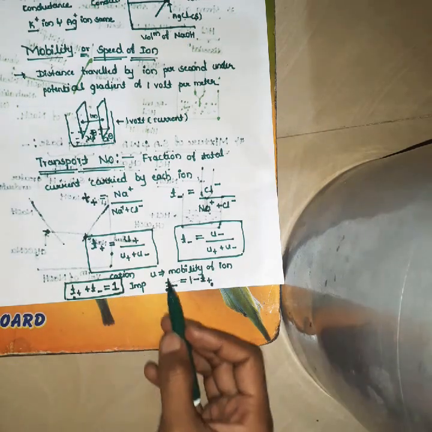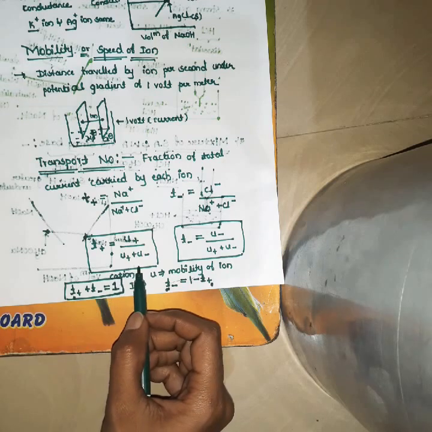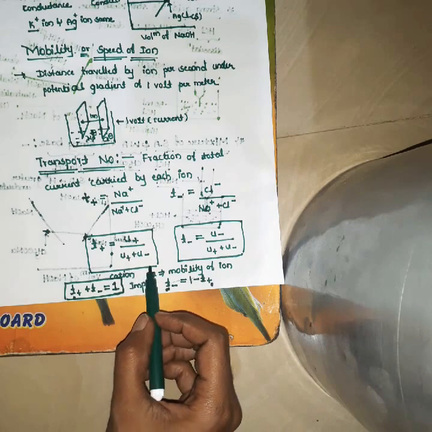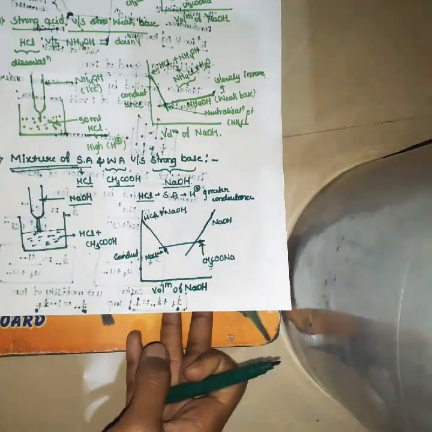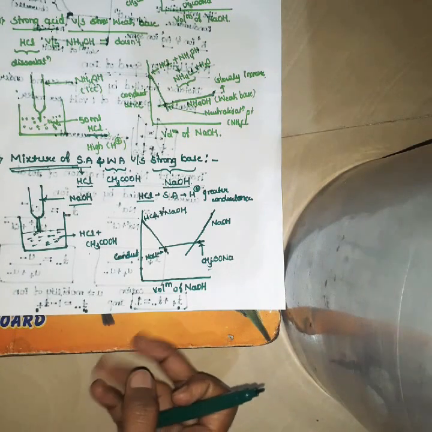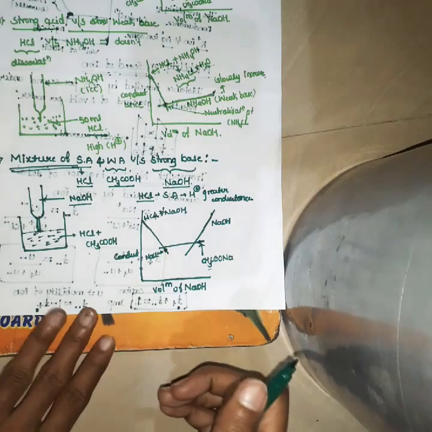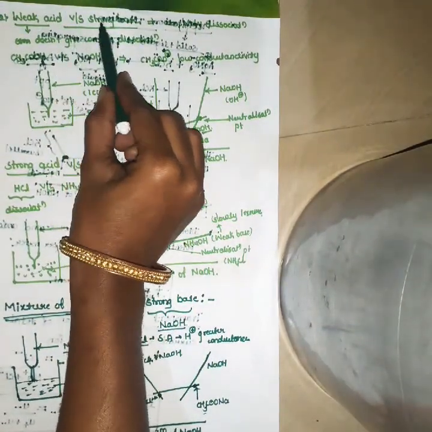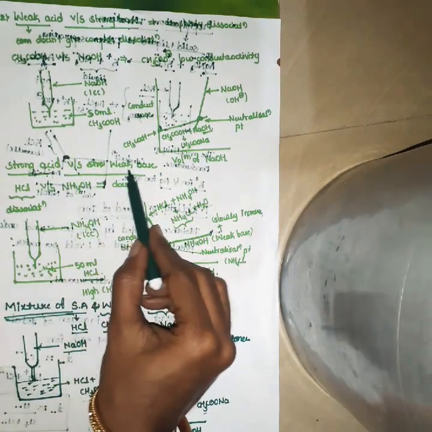I hope students, you understood precipitation titration, mobility of the ion and transport number of the ion. There are 4 types of titration we studied. First, strong acid versus strong base, weak acid versus strong base, and strong acid versus weak base.